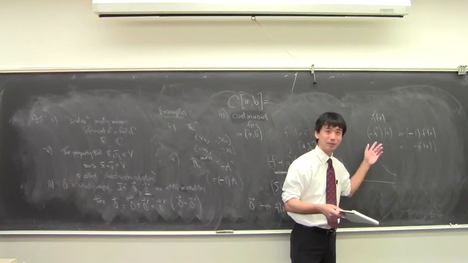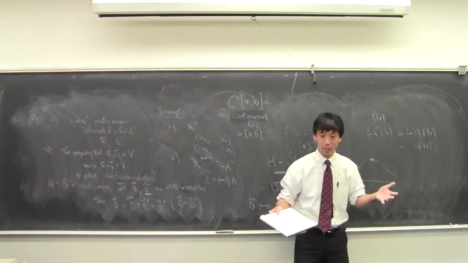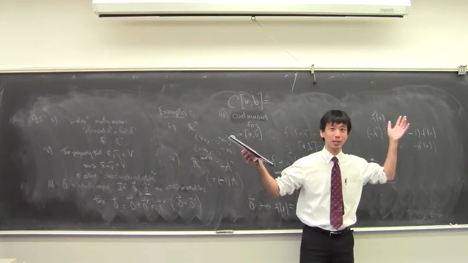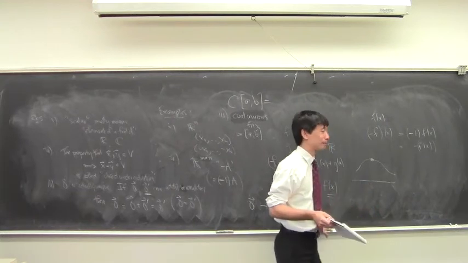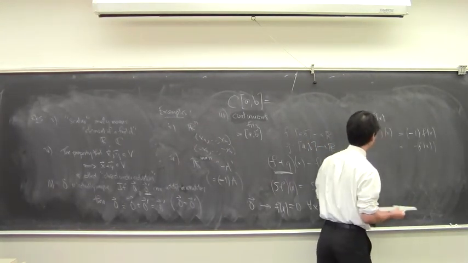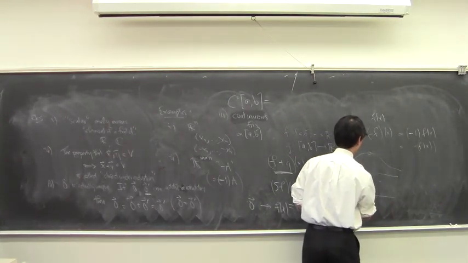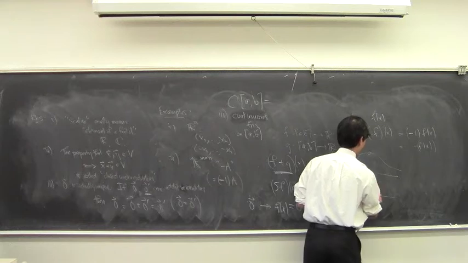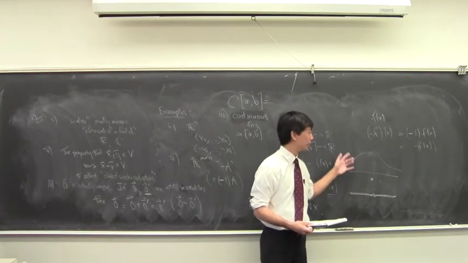So that space is not a vector space because it's not closed under addition. You can take two guys in your space and add them together, and you get something that's not in your space anymore. So not a vector space. You could have one guy that looks like this, and one guy that looks like this, and you add them together, and you get a continuous function.